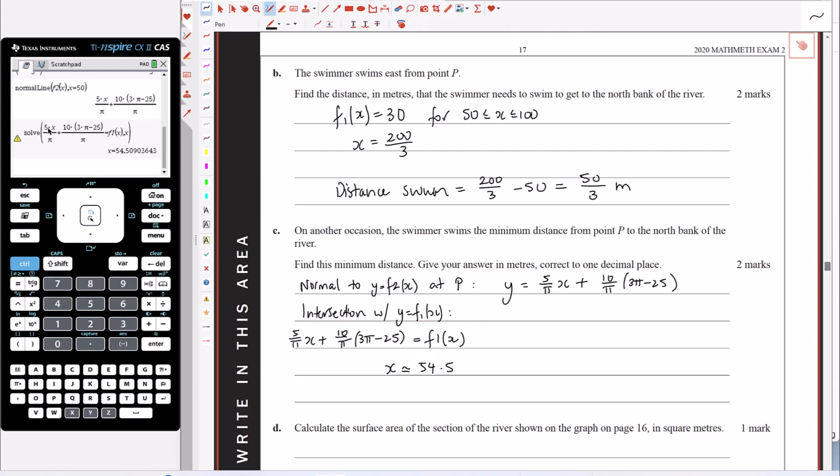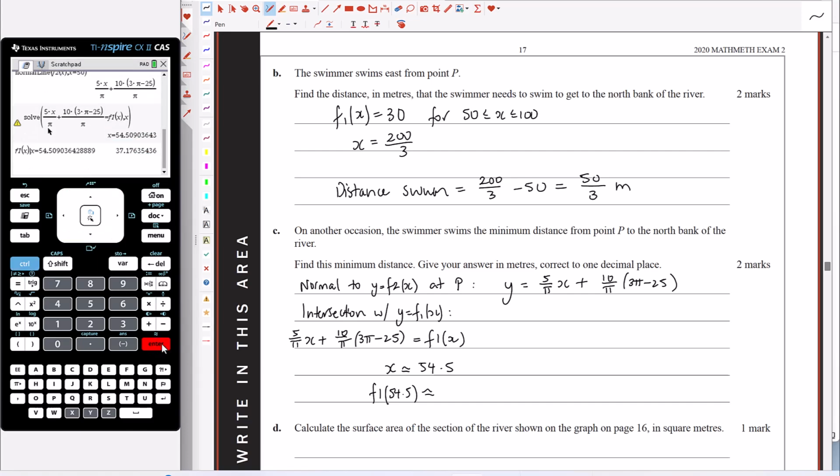Okay, so let's do f1 of that. f1 of x, given that x is that. Okay, so that's 37.17, or 18, sorry.